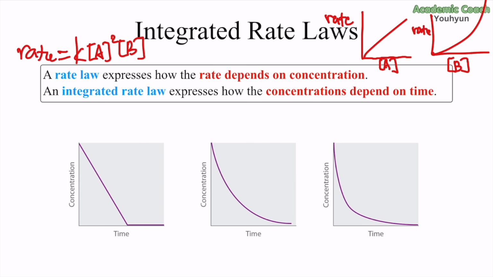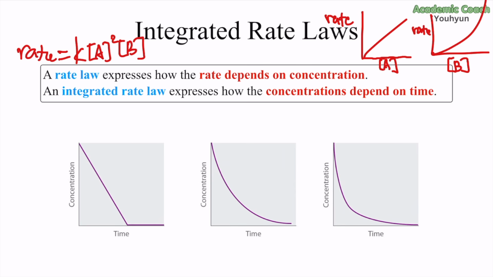But most of the time, what we care about is how much time it takes to complete the reaction, or let's say complete the reaction by 90%. That's what we usually care about when it comes to reaction rate of any chemical reaction.